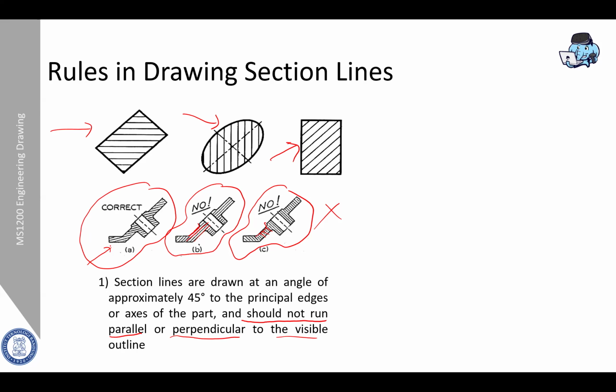So if, for example, this rectangular object is at 45 degrees, the section lines should be drawn at 45 degrees with regard to the edges.